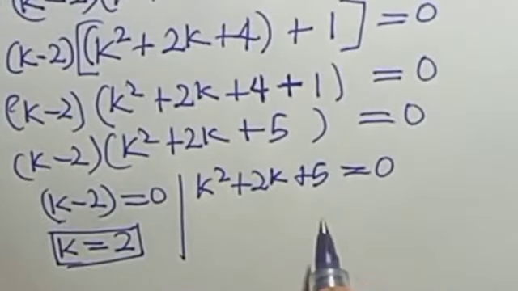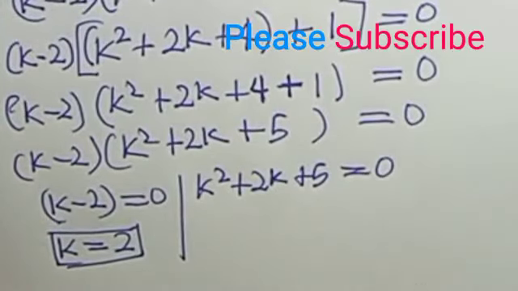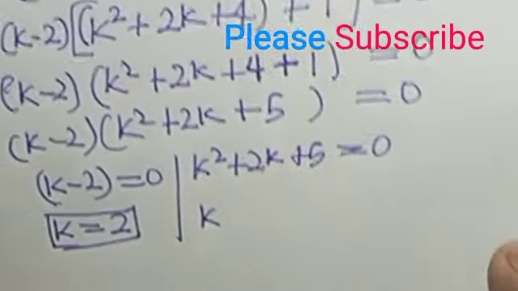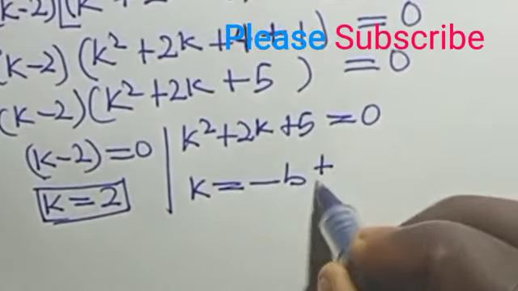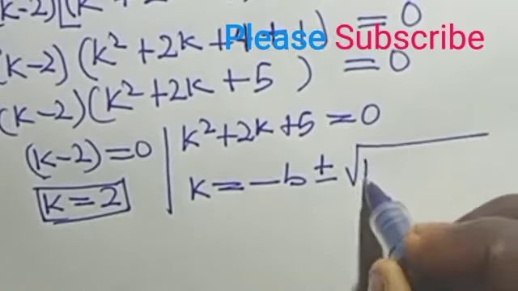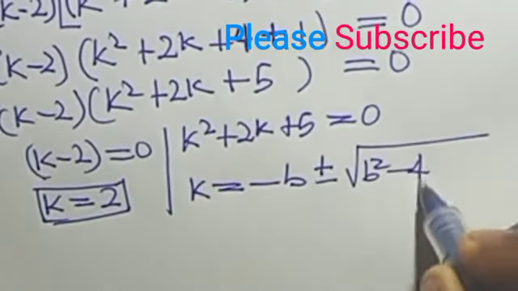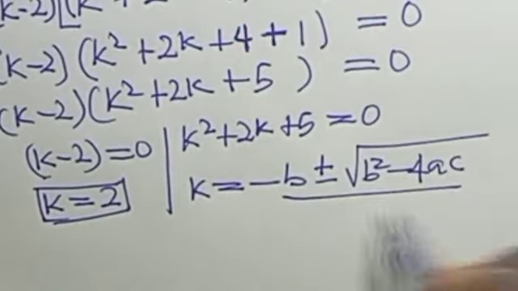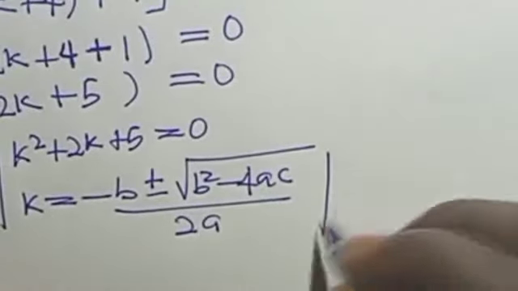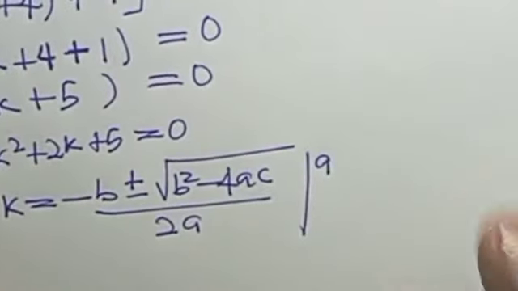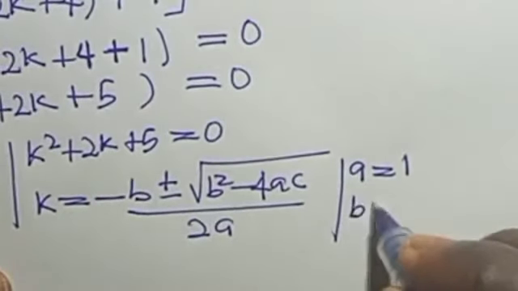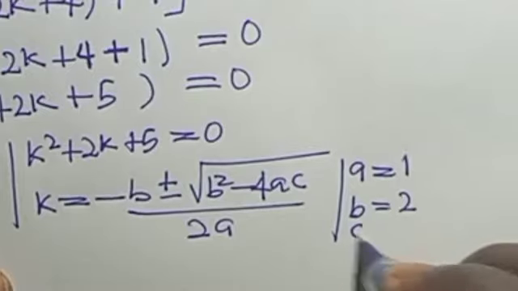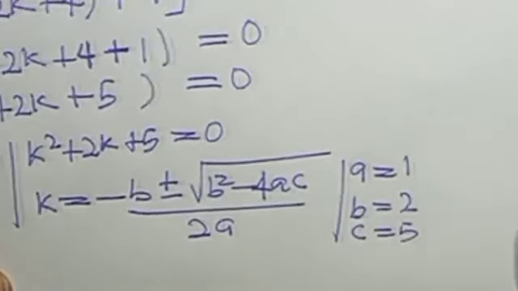And here we use the quadratic formula that says k is equal to minus b plus or minus square root of b squared minus 4ac, over 2a, where our a is equal to 1, our b is 2, and c is 5.